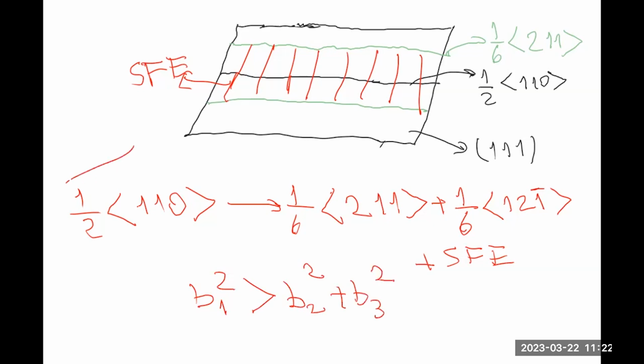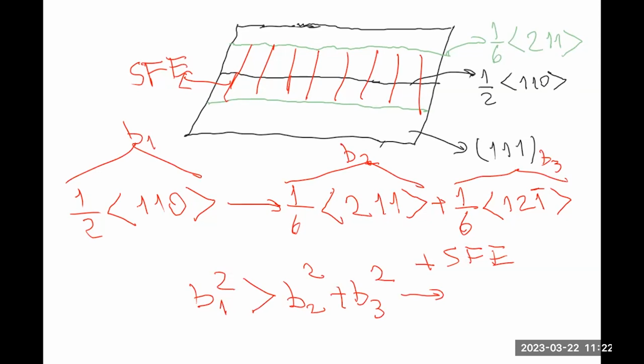So let's call it b1, b2, and b3. If b1 square is greater than the summation of b2 square and b3 square, the dislocation will dissociate. The reaction will be energetically favorable.